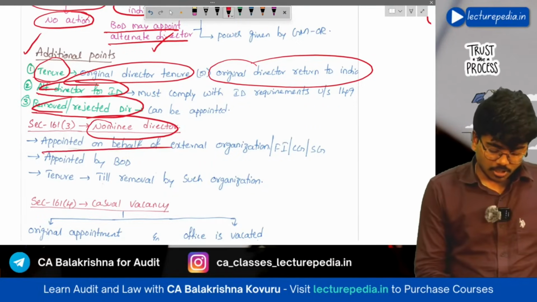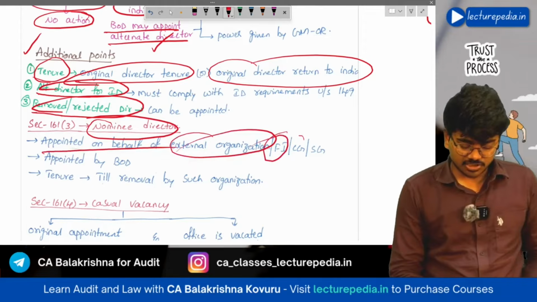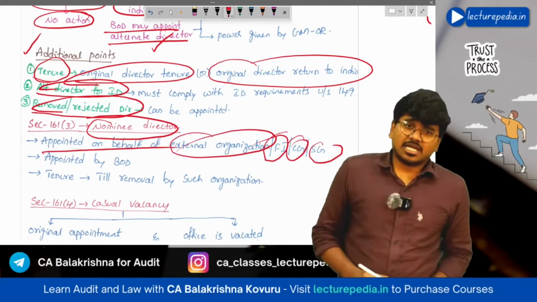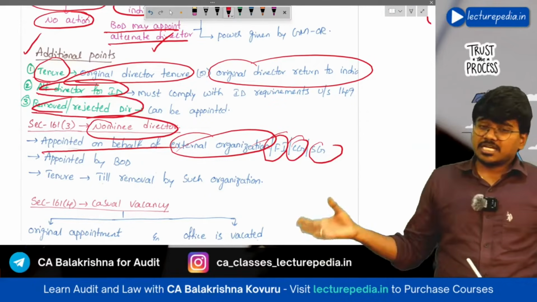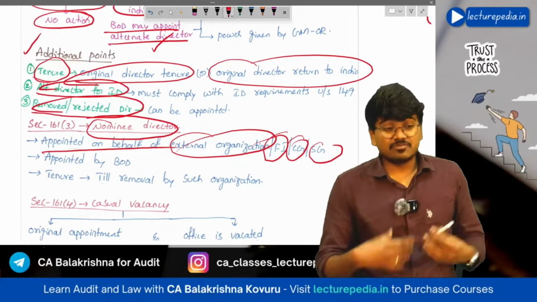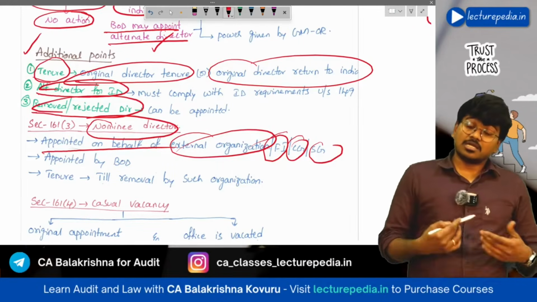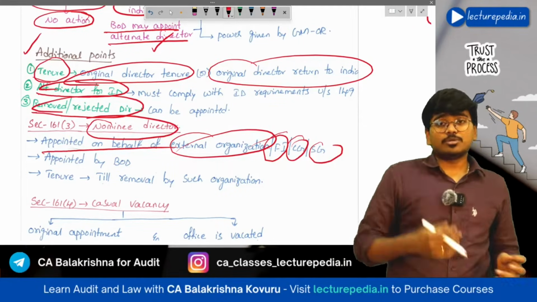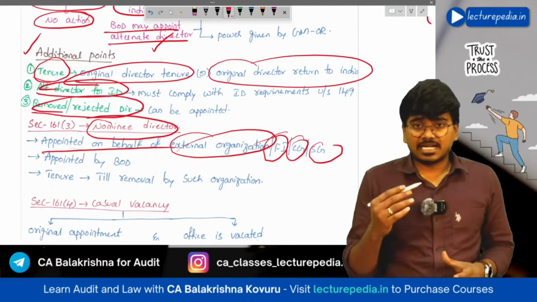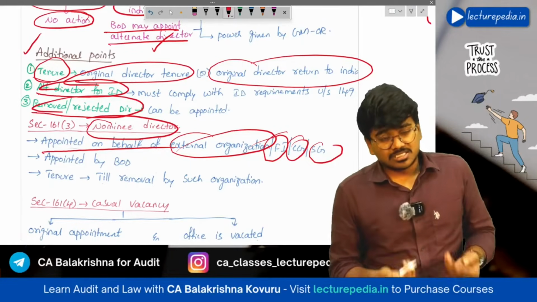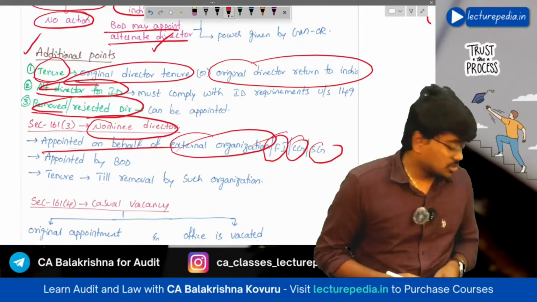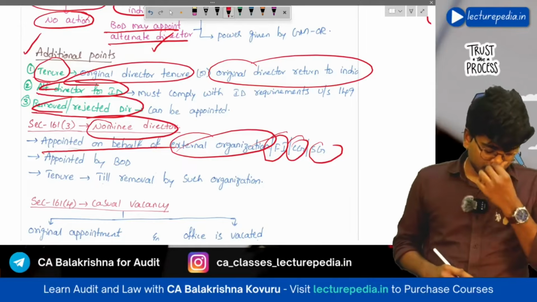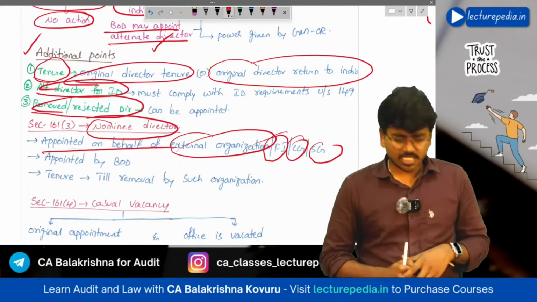See, appointed on behalf of external organizations, financial institutions, central government or state government. In some situations, if the state government or central government has invested some amount in your company, then also government representatives will be appointed as directors on your board. In such situations also they will be called nominee directors, because they are nominated by the central government or state government.